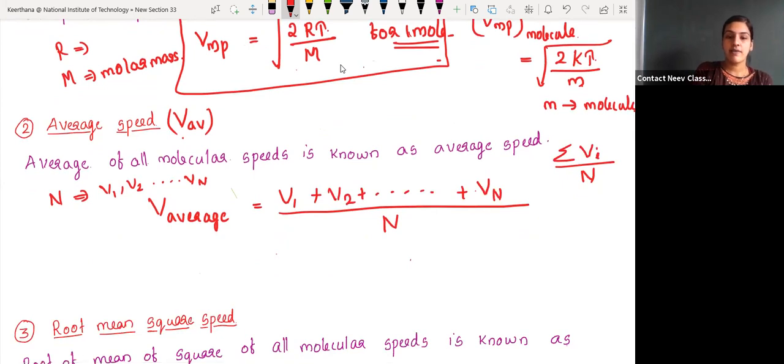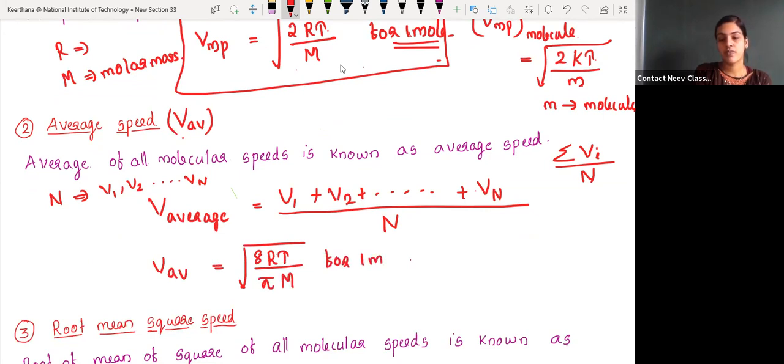And the V average is equal to root of 8RT divided by pi m for 1 mole. R is universal gas constant, T is temperature, pi is 3.14, m is molar mass.